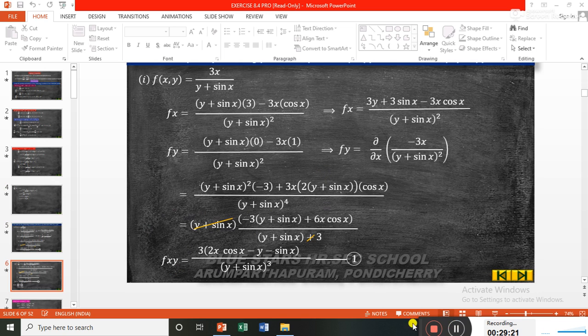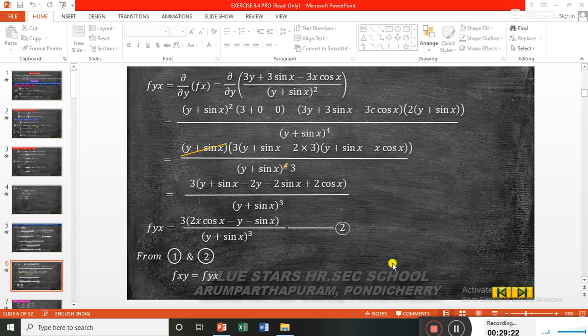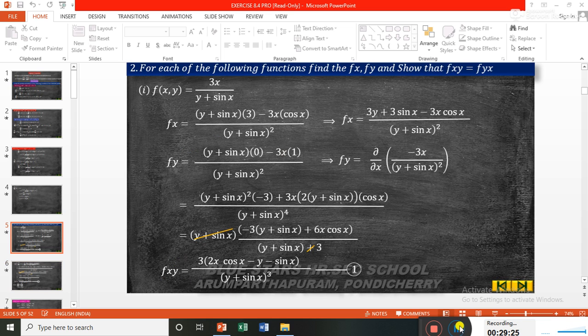In the next step I calculate fxy. Fxy means I already calculated fy, and again I differentiate dou by dou x of minus 3x by y plus sin x whole square. There is an x term, so I apply the u by v method again. Y plus sin x whole square, already there is a square, so I square again and the power becomes 4.